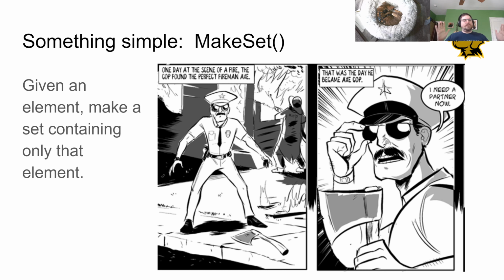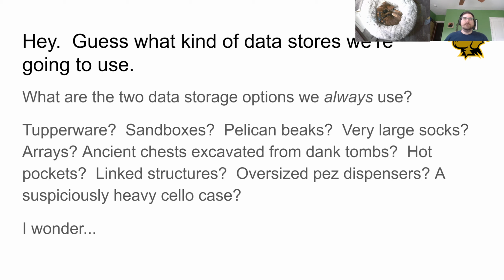So if we have the disjoint set data structure and it has a whole bunch of members and teams that those members belong to, if I want to add a whole new member, I'm going to add member Sakurang, and I'm just going to put member Sakurang on team Sakurang, right? So every time you add an element, it's just on a team by itself. So the only way that teams form is individual elements are added and then their teams get unioned together to make larger teams, awesomer teams.